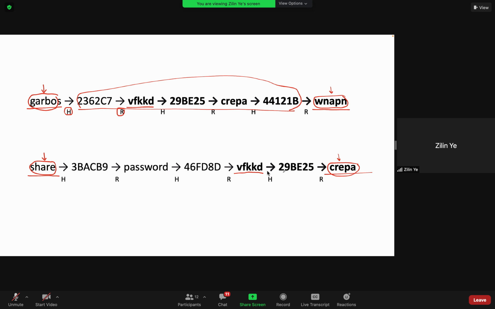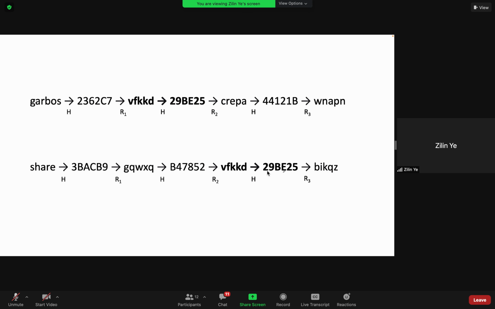How do we solve this? So the solution is, instead of using the same reduce function again and again, we use a different set of reduce functions.